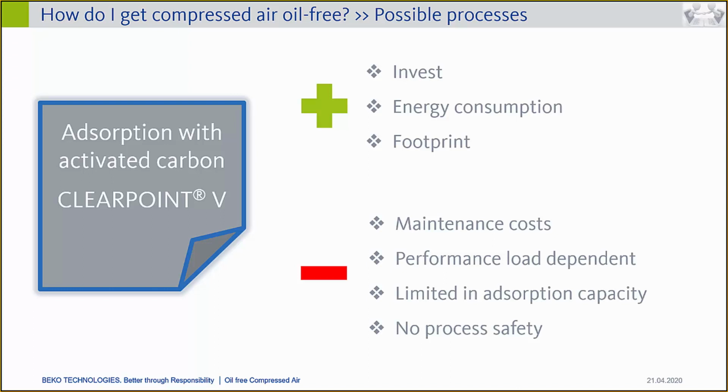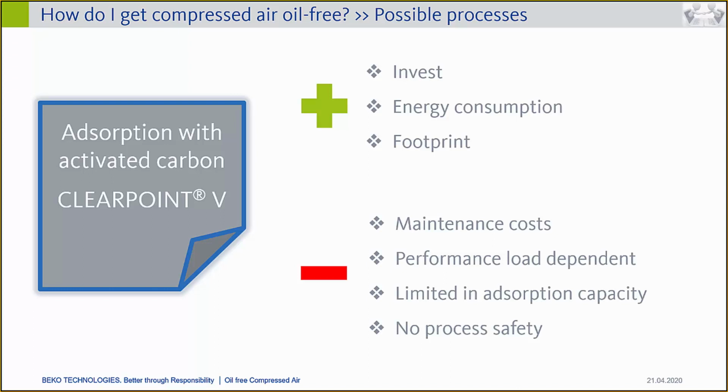Particularly the low flow is critical here because low flow automatically results in a low velocity inside the tower. And if the velocity is too low, those are the worst conditions for contact of hydrocarbon with the activated carbon surface. That's the reason, for example, why we recommend a minimum flow rate of 50%.